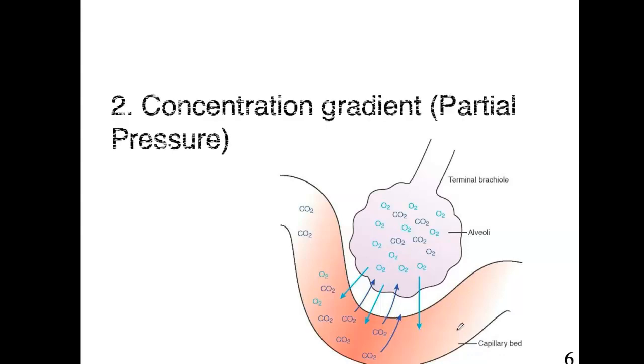So next we want to look at concentration gradient. And what is the concentration gradient of that gas? We're not going to call it concentration gradient, we're going to call it partial pressure. So when we're talking about a gas, we no longer talk about it as a concentration gradient, but as a pressure, as a partial pressure. It's the same concept that we looked at before when we looked at solutes.